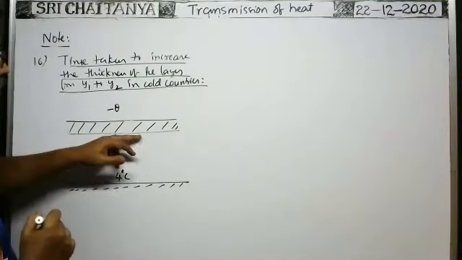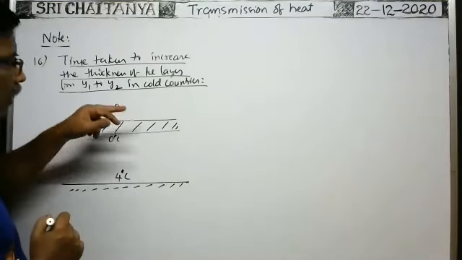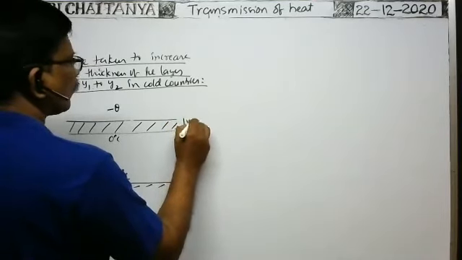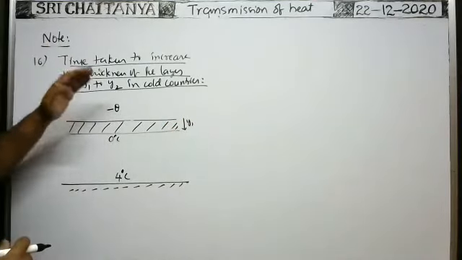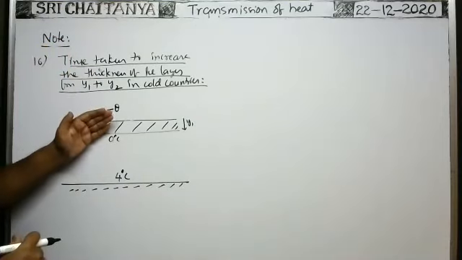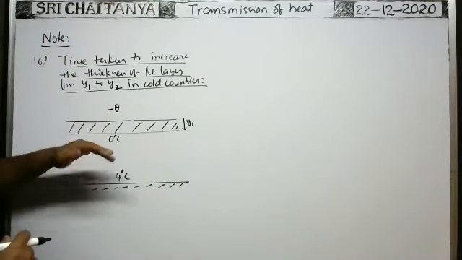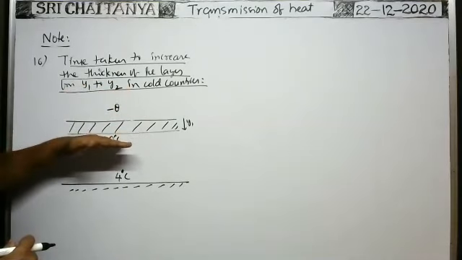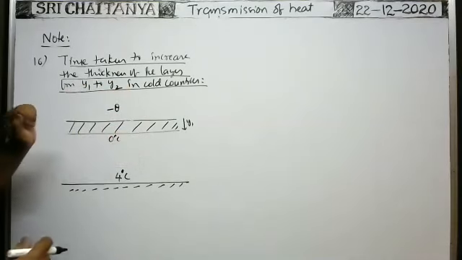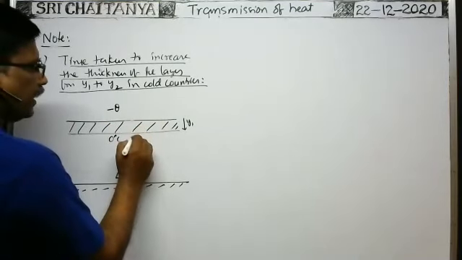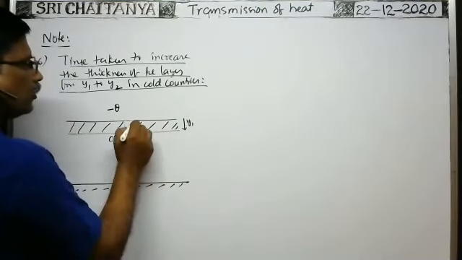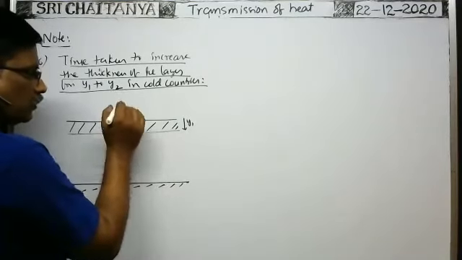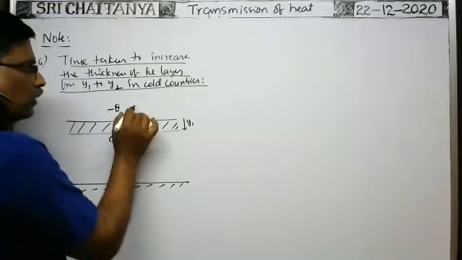So as temperature difference is there across the ice layer already formed, initially there is an ice layer of thickness say y1. At a certain instant of time, the ice layer having thickness y1 is formed. The surface of the ice layer is at temperature minus theta, and at the bottom the temperature of the ice layer is 0 degrees centigrade. So because of the temperature difference, heat energy transmission takes place from the water through this ice layer into the atmosphere.